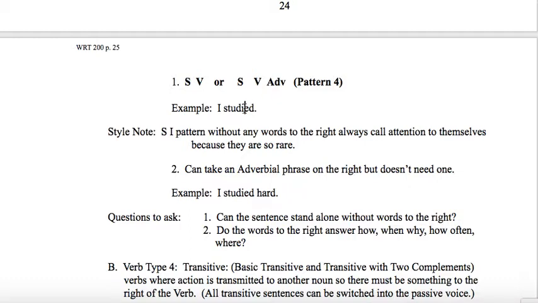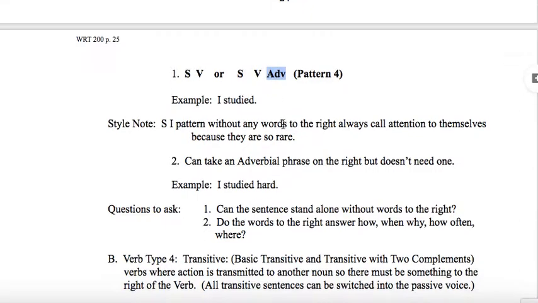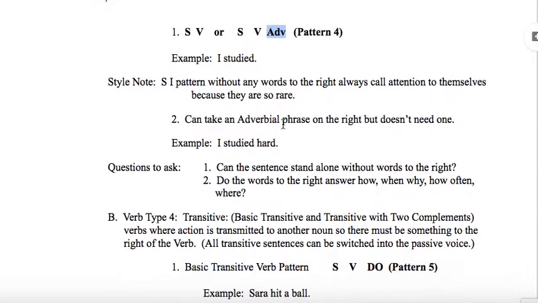But you could add an adverb describing how you studied or where you studied or why you studied. So you could say, I studied all night long. I studied in the library. All those things would be adverbs, prepositional phrase adverbs, or even a one-word adverb you could use.